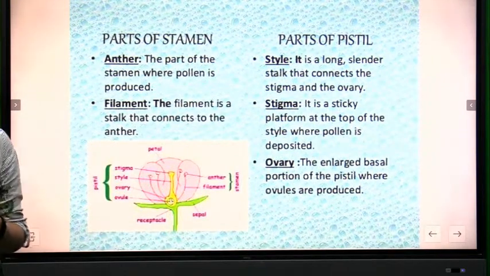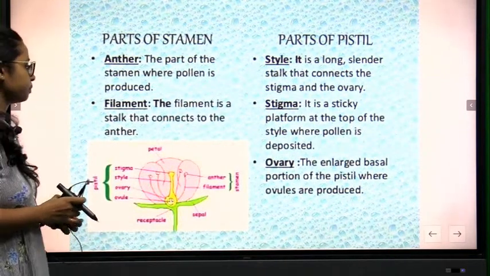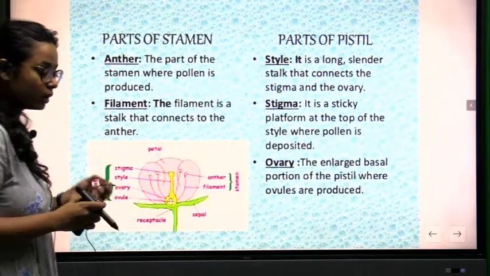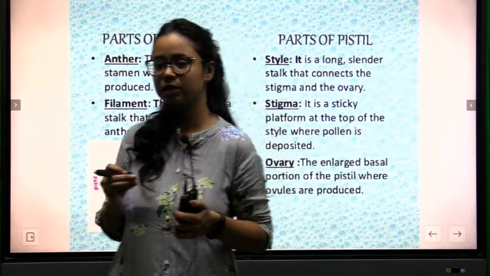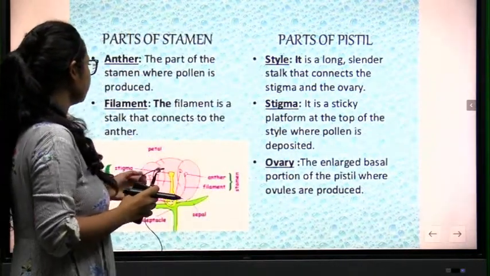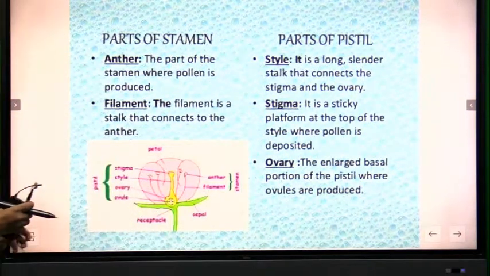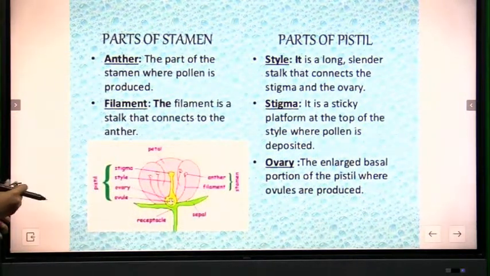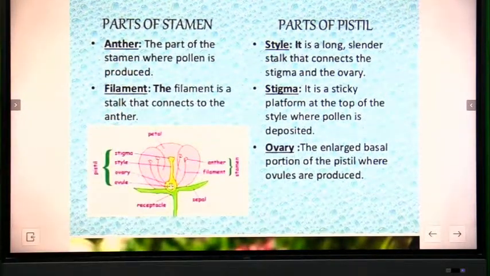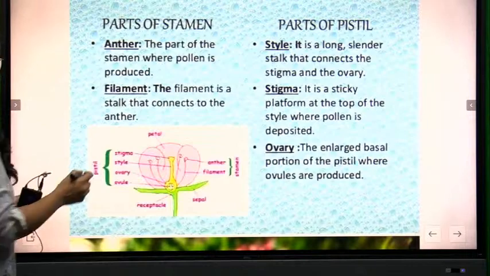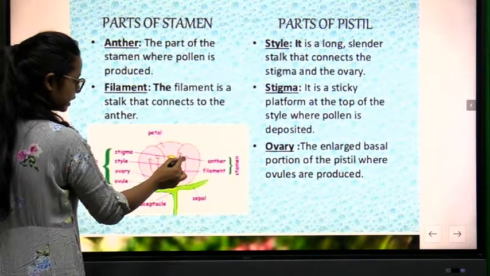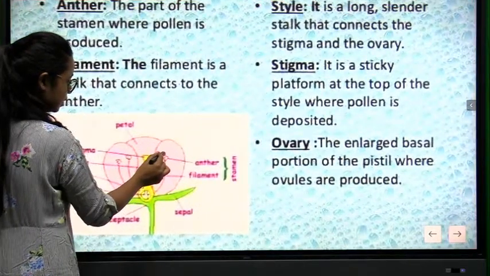Now what is anther? A part of the stamen where pollen is produced. What is pollen? I have told you the small balls which are present there are the pollen. The part of the stamen where pollen is produced is called anther. After that, filament. The filament is a stalk that connects to the anther. This is an anther where the pollen seeds are actually stored.